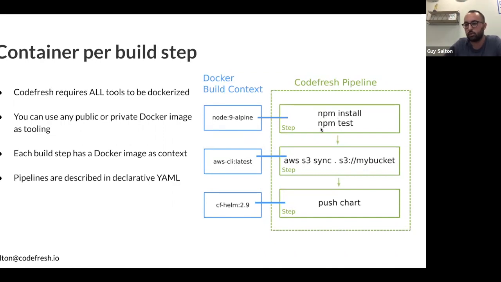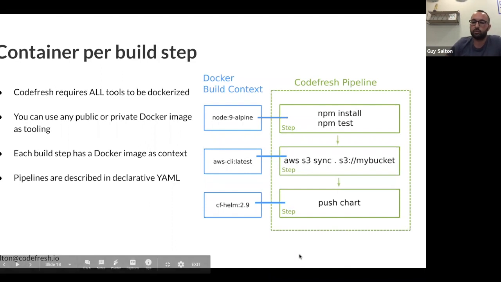So npm install and npm test. Then let's say I want to store the test artifacts that were generated on the first step in my S3 bucket in AWS. For that, I can just bring the Docker image of AWS CLI and run an AWS command to store my test artifacts there.